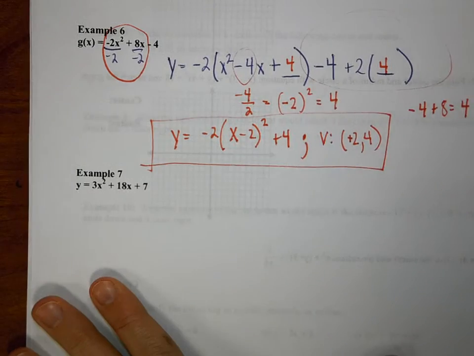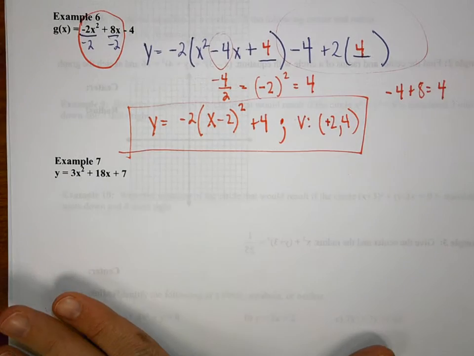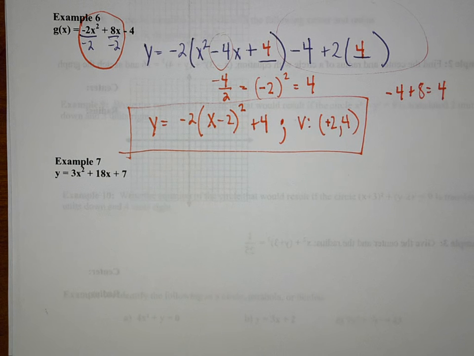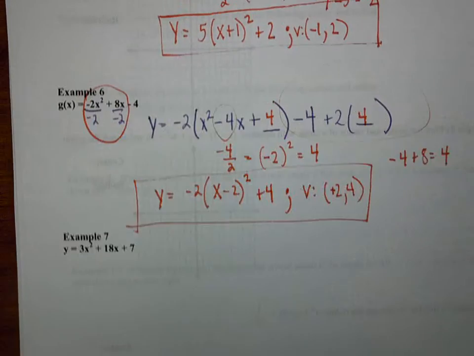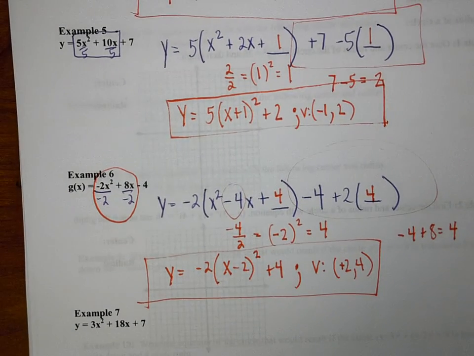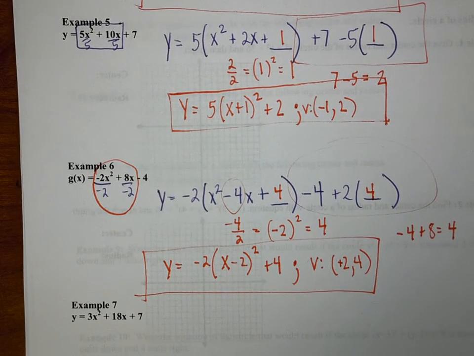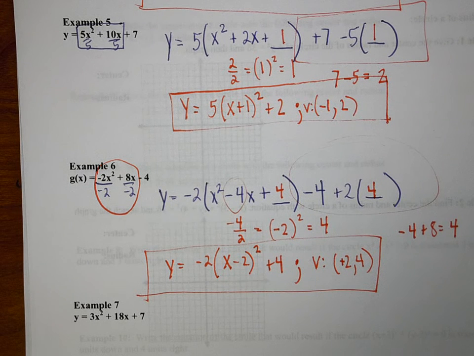All right, any other questions on this one? Vienna: How come on example 5, it's 5 times x plus 1 squared, how come we don't have negative 1 after? Because on this one you have plus 4 after parentheses in the answer.